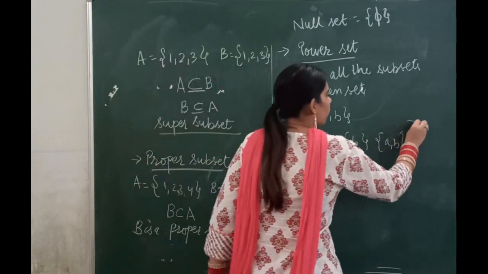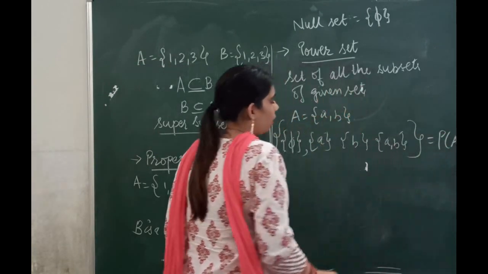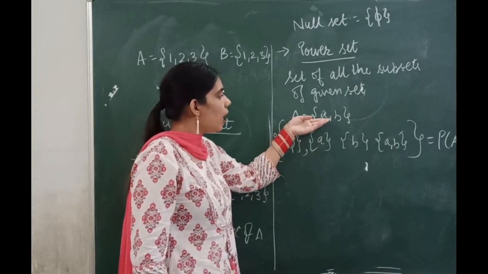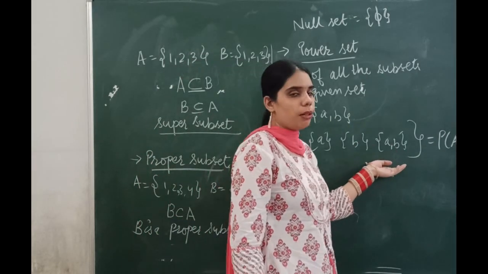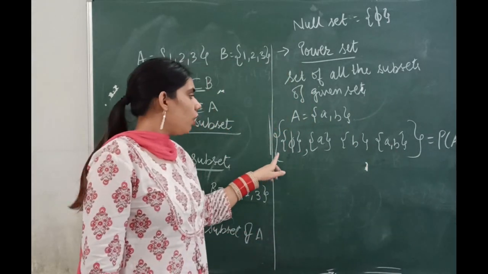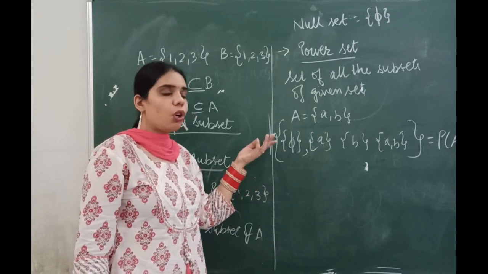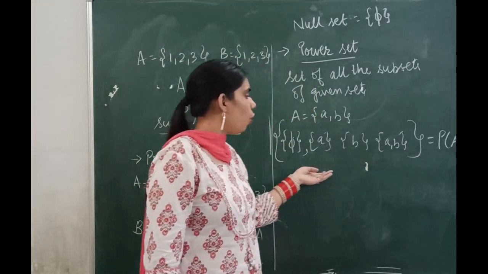So students, the power set is represented by P(A). So what we simply have to do is write all the subsets that can be formed from the given set. And we already know that the null set is already a subset. So this will be the power set of A.